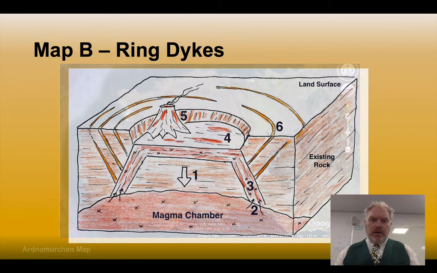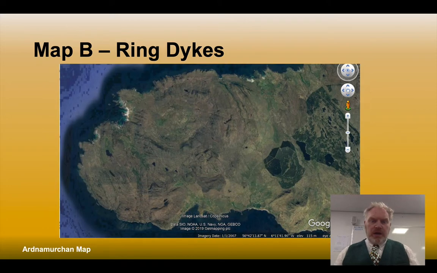If we go back to Ardnamurchan, this is a Google Earth image of this peninsula on the west coast of Scotland. It's quite a wild, spectacular place. The geology of it, though, is amazing.